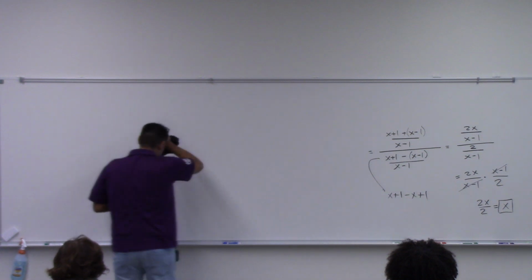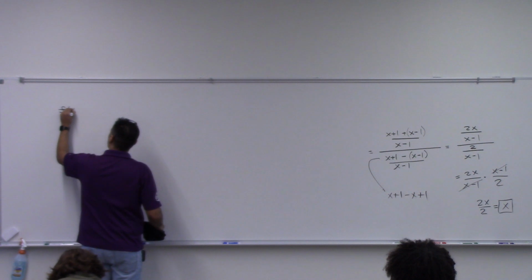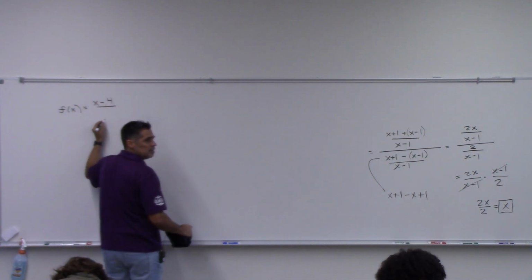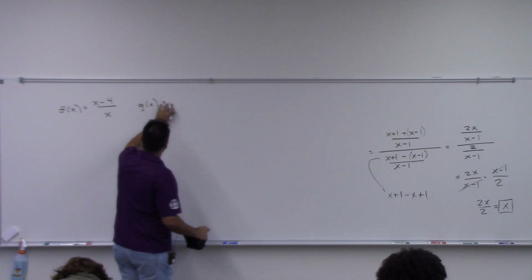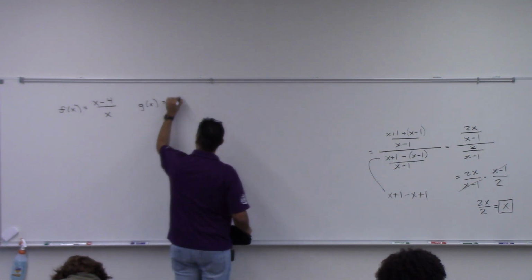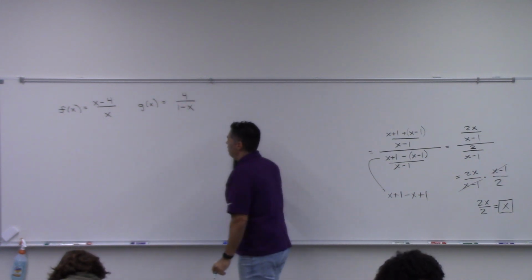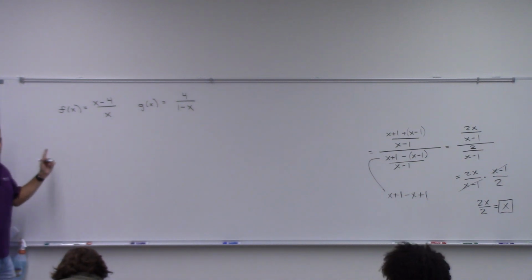Okay, so for number 10 there, they give you two functions. They give you f of x equals x minus 4 over x, and then they give you g of x is 4 over 1 minus x. And they ask you to show that they're inverses. Show that these are inverses.